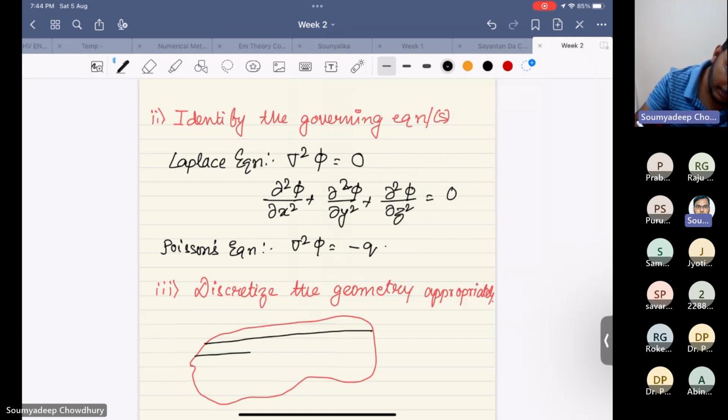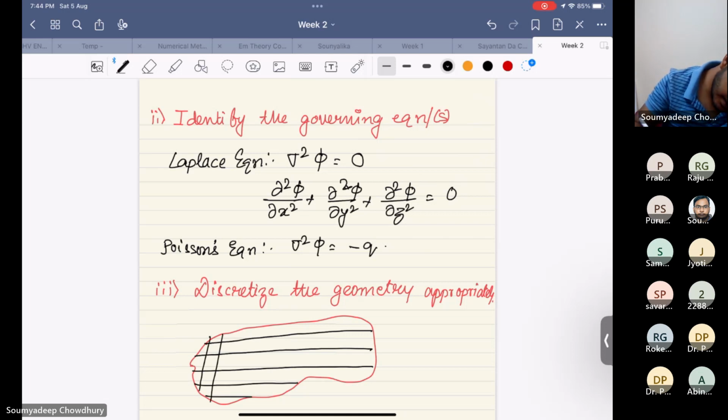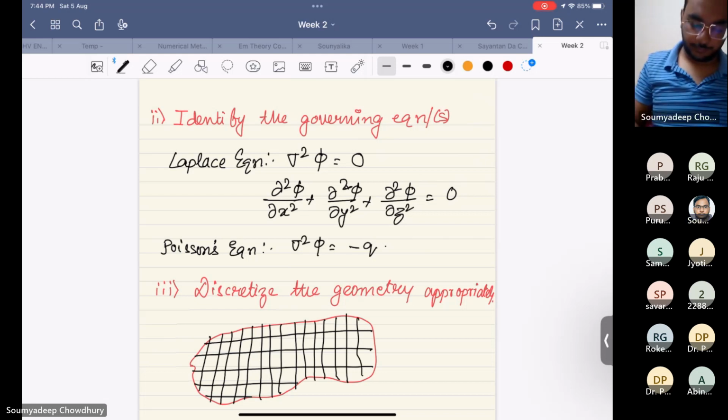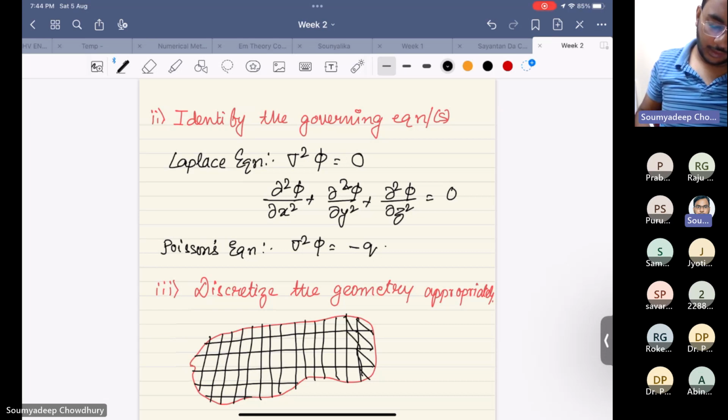Is that what you are telling? So we have discretized it into different quadrilaterals. Okay. So now if you just divide these quadrilaterals, you can get some triangles. Okay. You do it for the whole thing.